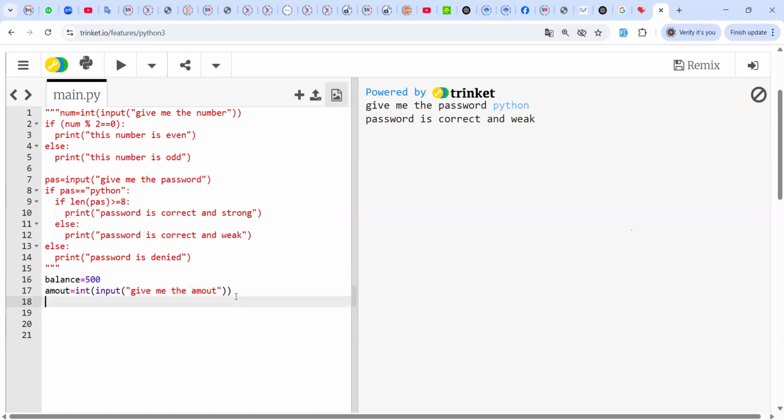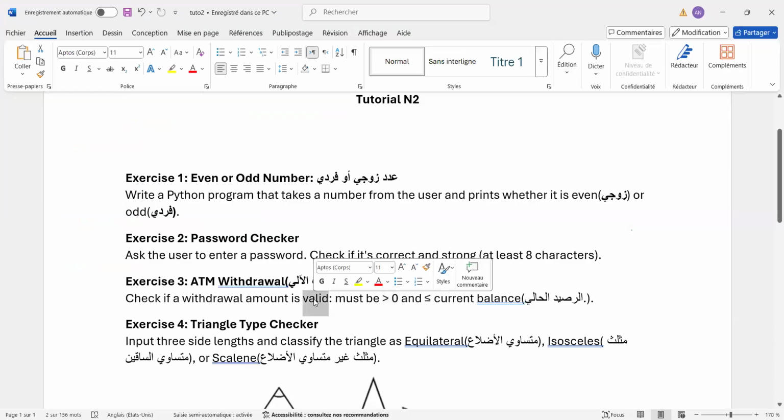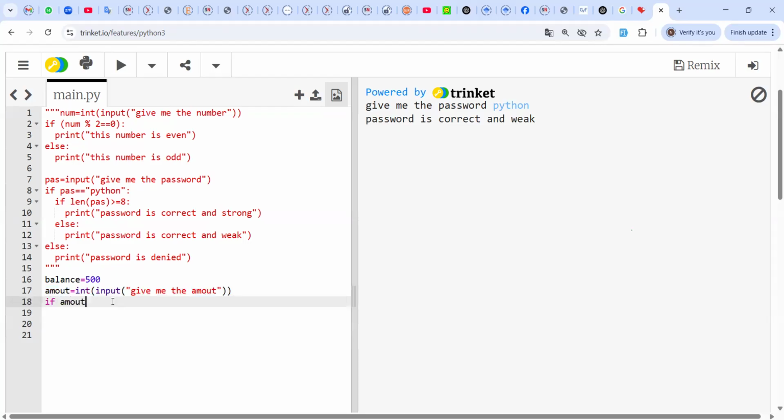And the next thing we are going to check is whether this amount, as he said in the exercise, is a valid amount. That means if the amount is greater than 0, I can take some money from my balance, okay? And else means the opposite of this operator.